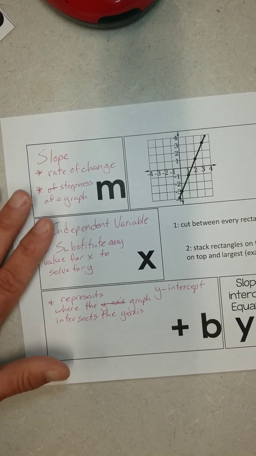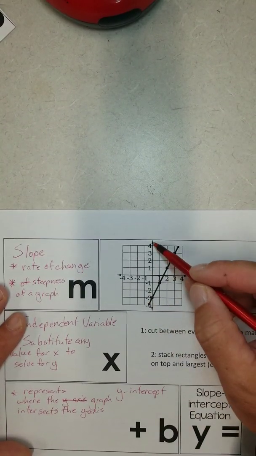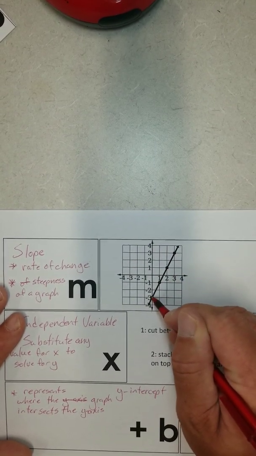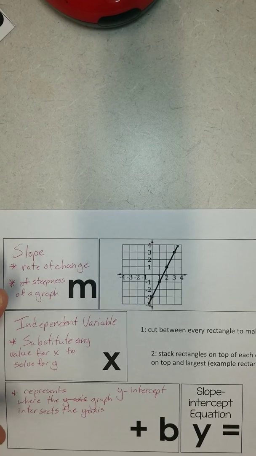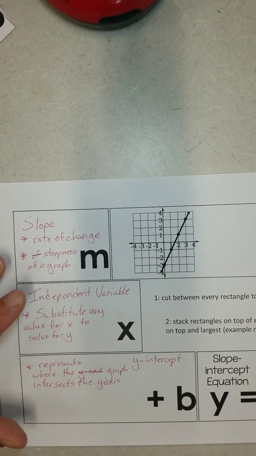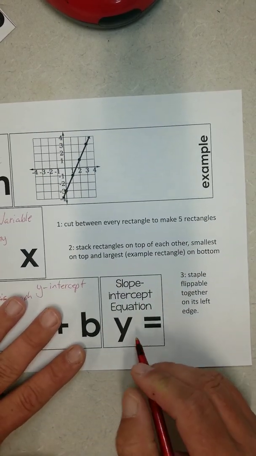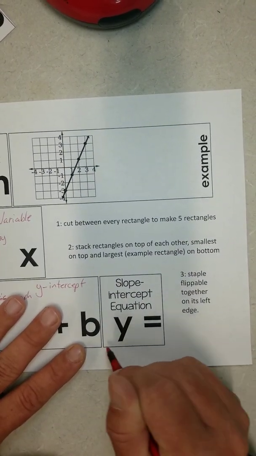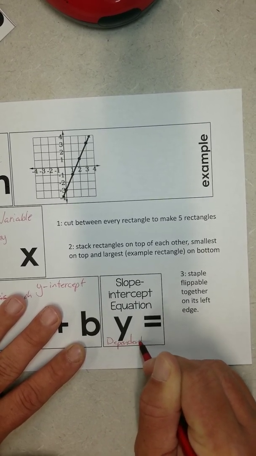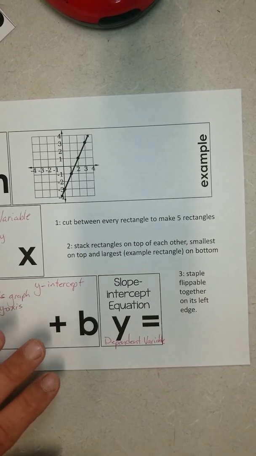So it tells us where this line intersects the y-axis. At that point is where the line intersects the y-axis. That is the B, the y-intercept. Okay, Y is your dependent variable. I didn't fit it on there, did I?